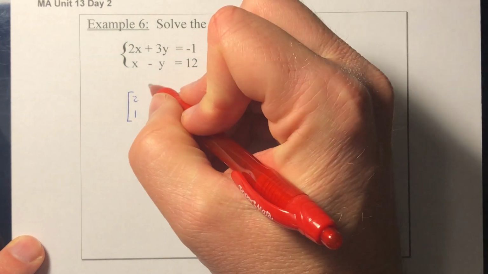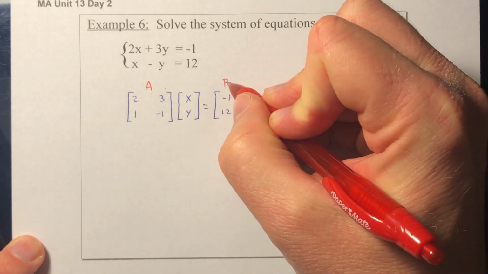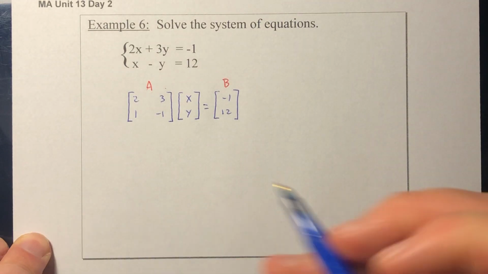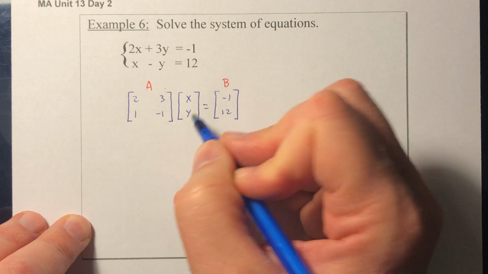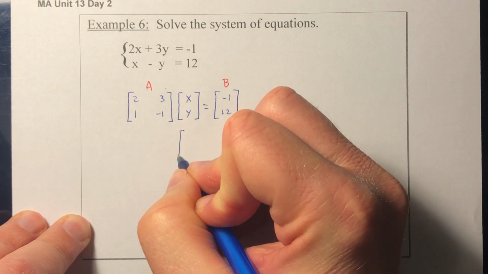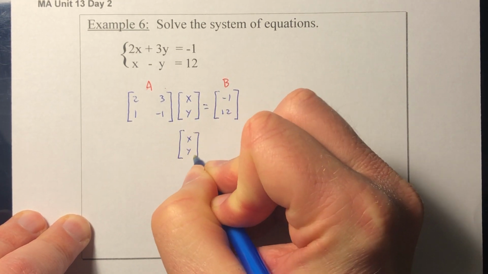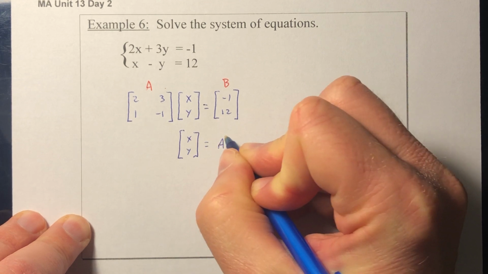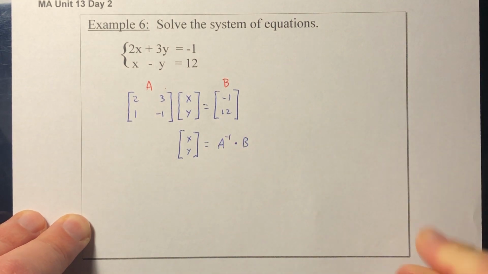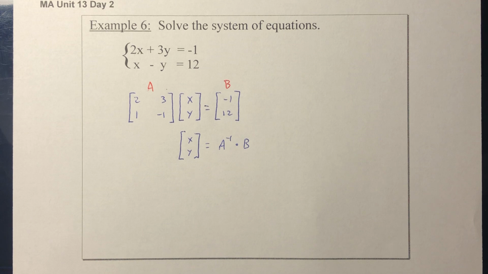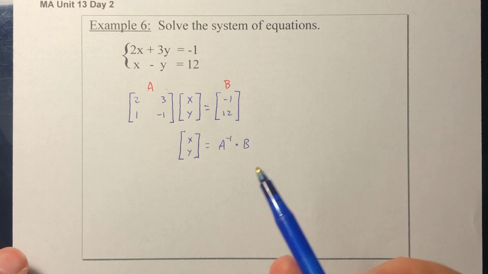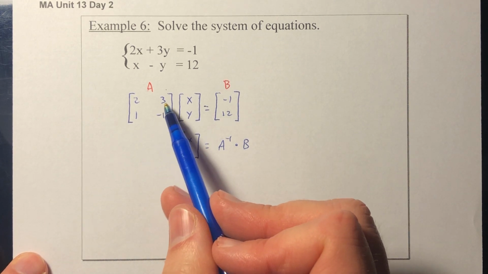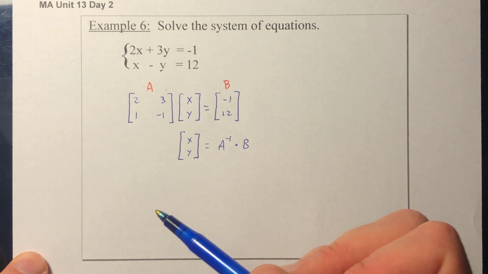Let's label this A, label this B. If we want to solve for x and y, that's ultimately what we're trying to do, we're going to take the inverse of A times B. Now, we're not going to spend the time actually doing this, since we found the inverse of one matrix already.